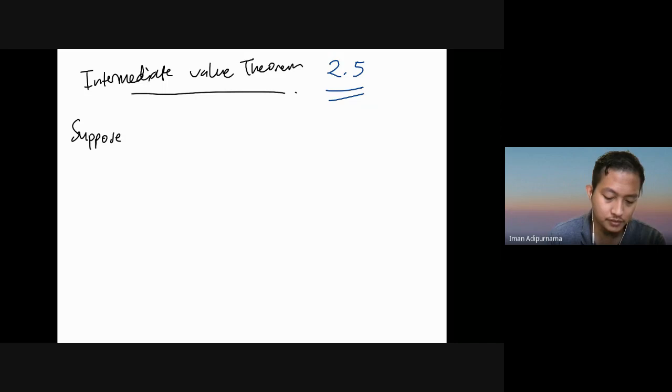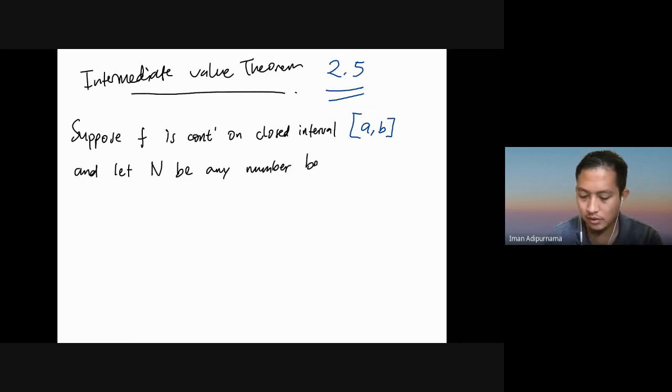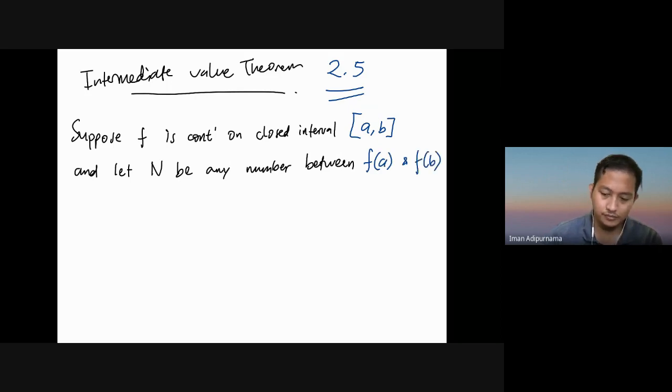Suppose f is continuous on a closed interval, let's say the interval a to b, and let n be any number between f of a and f of b, where f of a is not equal to f of b.